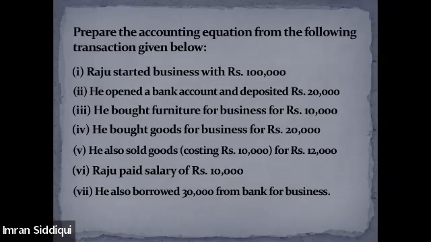Last transaction. It says he also borrowed 30,000 from the bank for business. So borrowing from the bank for business purpose is going to increase the liability as well as increase the amount of cash. Got it?